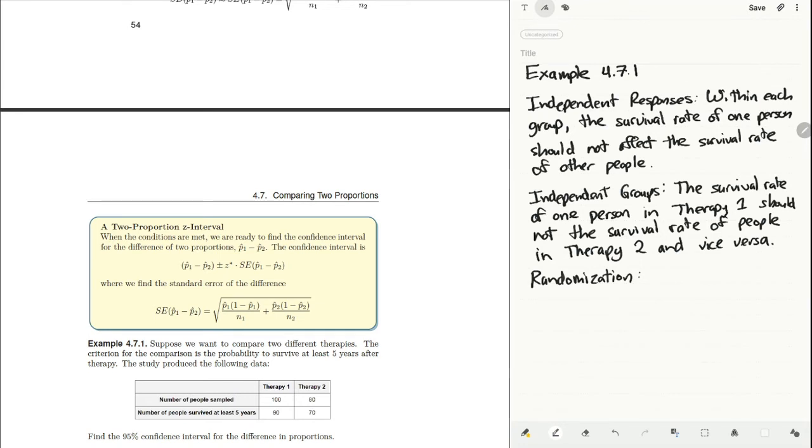Now we're not given that we have random samples for each of these groups. And so we need to assume that the samples are representative of the population.